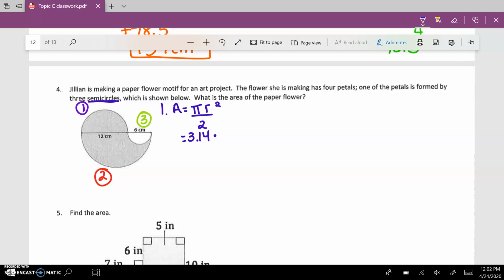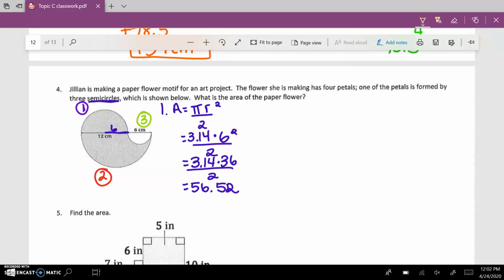All the way across is 12, which means half of that would be 6, times 6 squared divided by 2, which would be 3.14 times 36 divided by 2. And when you do that, you get 56.52. So that is number 1.